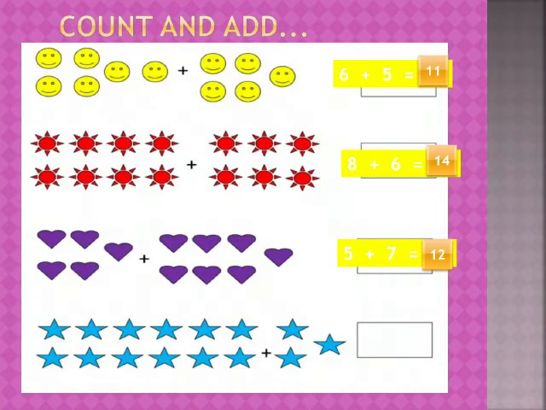How many stars in the first group? Yes, and in the second group 3. So 12 plus 3, count them all together. 15. Very good. I hope you were able to understand this, children.